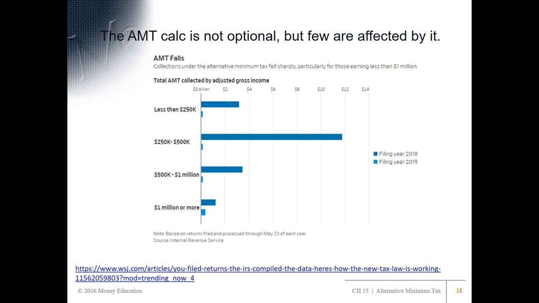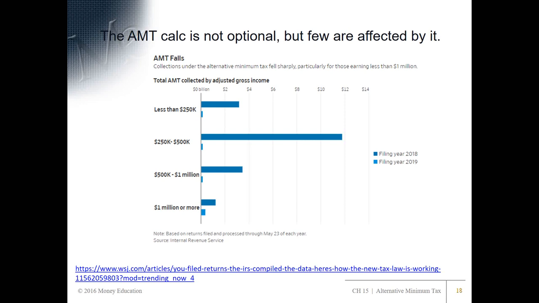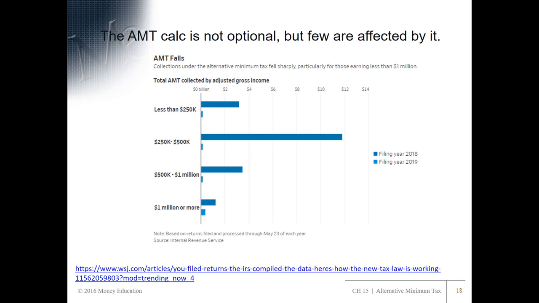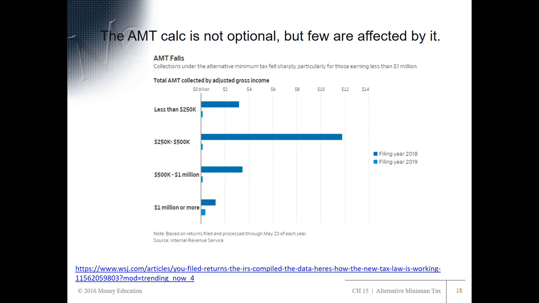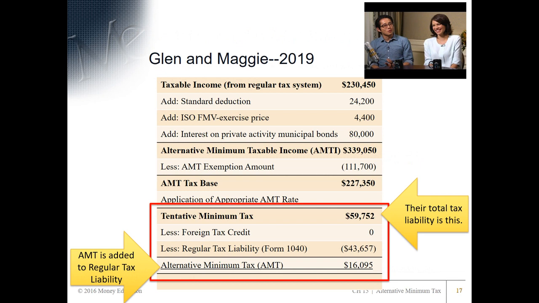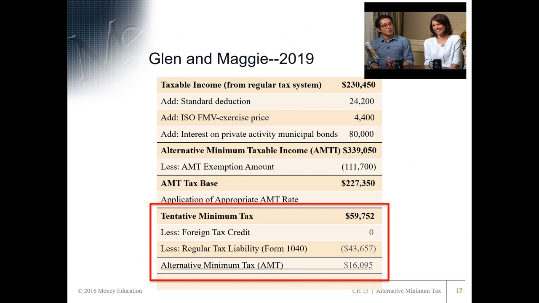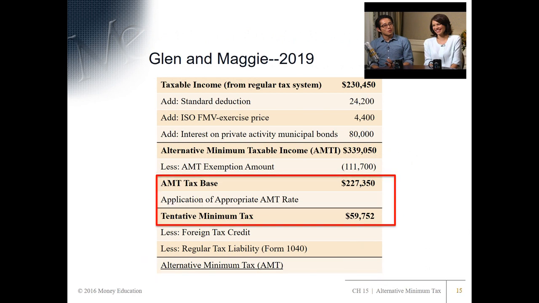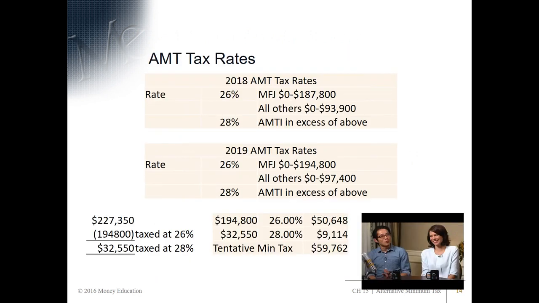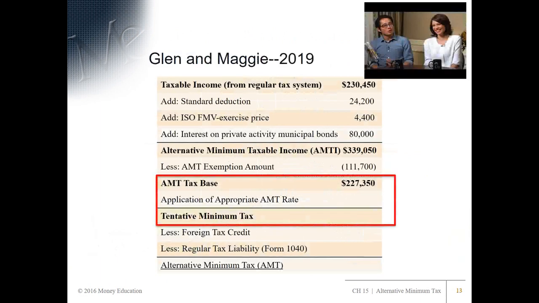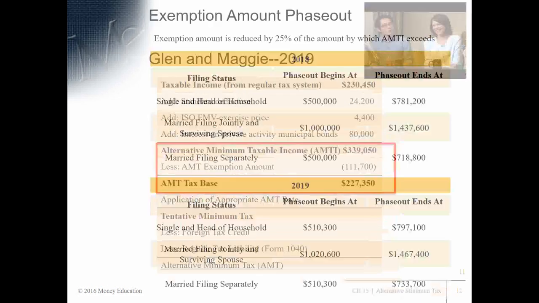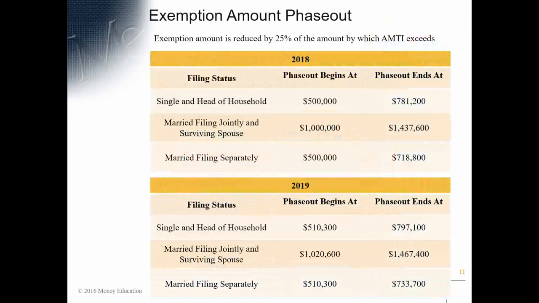So why do you think that these people that have $1 million or more of AGI, why their AMT did not decrease as much as these other people, based on what we've been talking about here? Well, one reason, not the only reason, is because of this exemption amount phase out.